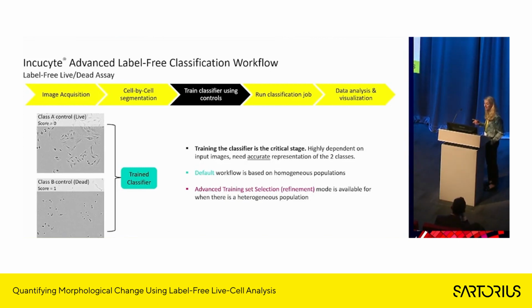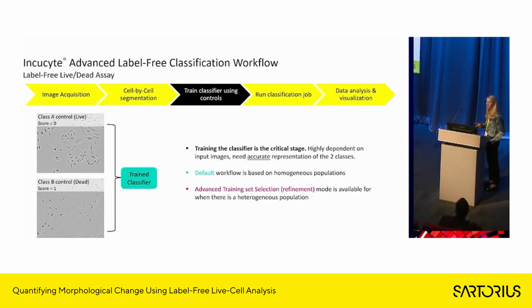In order to train the classifier, we have two workflow options. The first is our default workflow, and this uses the whole image. We've got some smart default settings within this to make it really easy to do. This is based on homogeneous populations. For example, in our dead control images, we'd need at least 90% cell death for this to work.